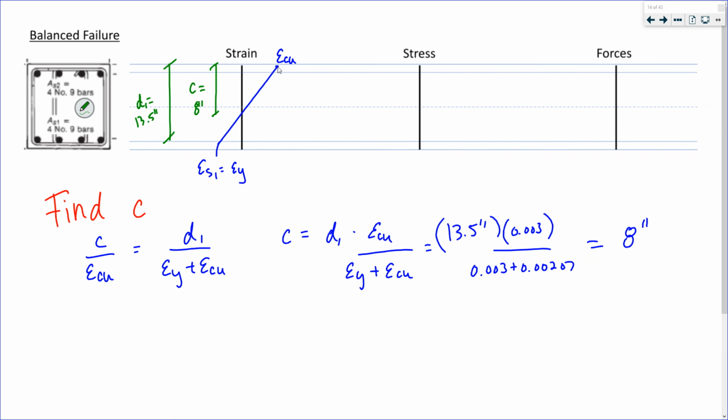While I'm working on my strain profile, I might as well find the strain in my compression steel.